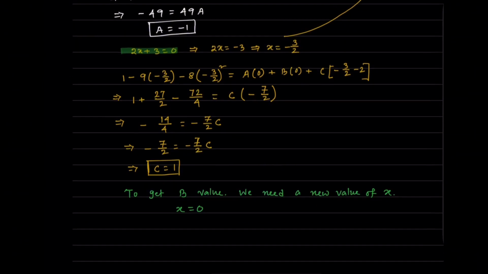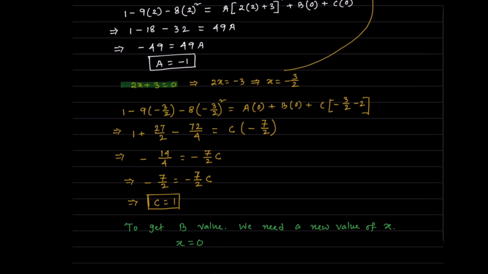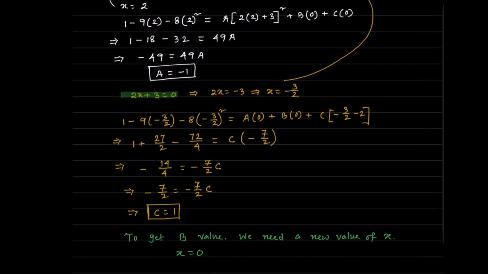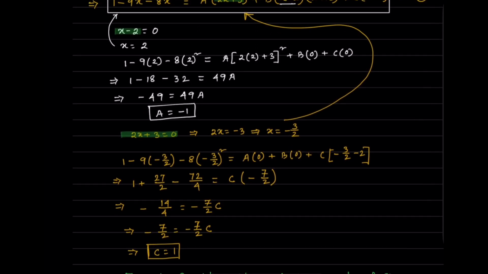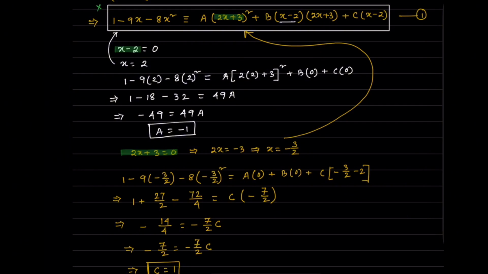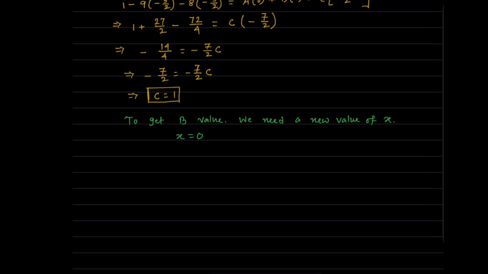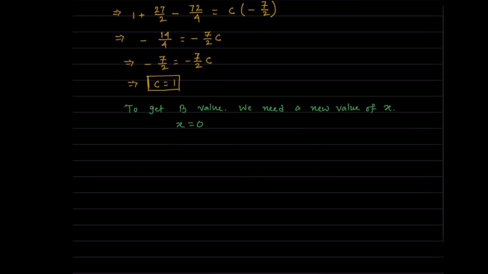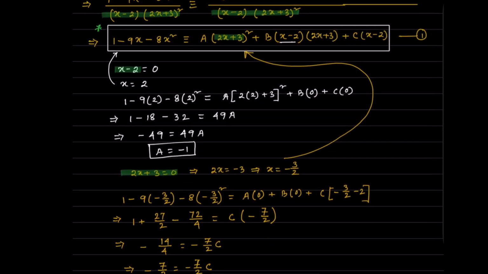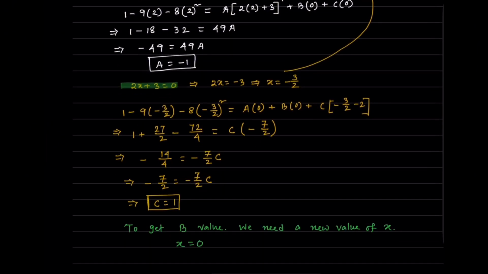And then you put that x equals 0 value into the main equation. So this x equals 0 value you now put in your main equation here. I can write the main equation once again. What we have: 1 minus 9x minus 8x square.